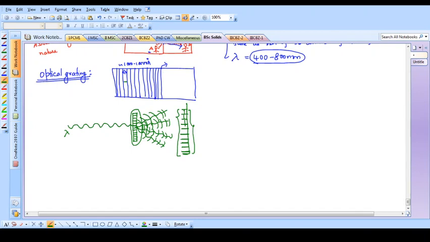So ಏನು ಹೇಳ್ಬೋದು ಅಂತ ಹೇಳಿದ್ರೆ, this diffraction pattern is a fingerprint pattern. ಅಂದ್ರೆ depending on the nature of the optical grating, you get a particular pattern. If I change the optical grating, the diffraction pattern also changes. So this is like a fingerprint. It is unique for a particular optical grating. If the distance between lines in the optical grating changes, the diffraction pattern also changes.